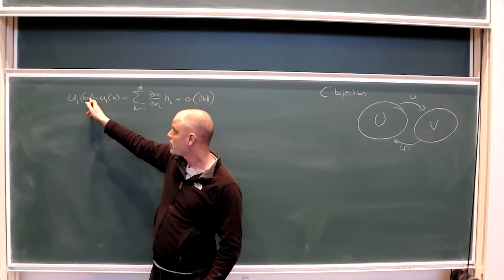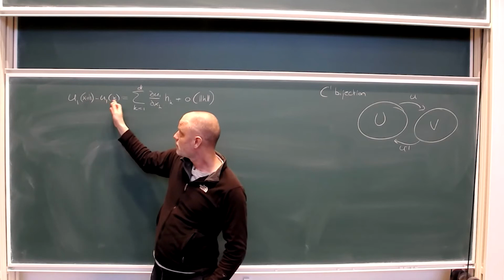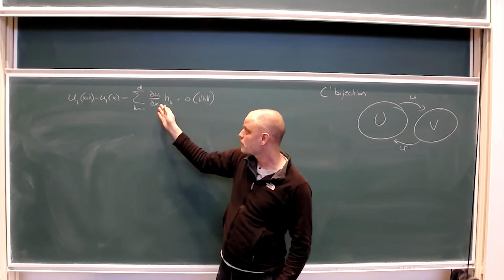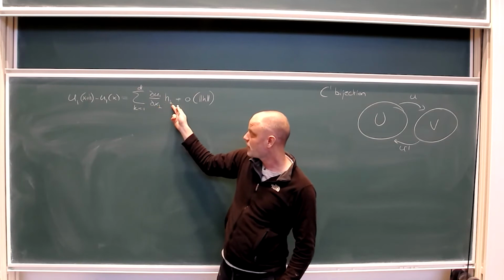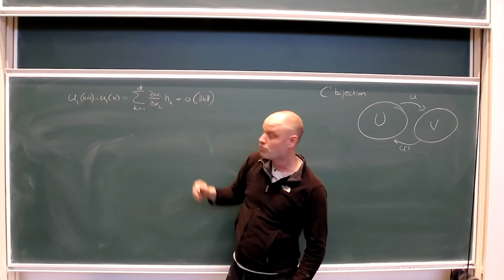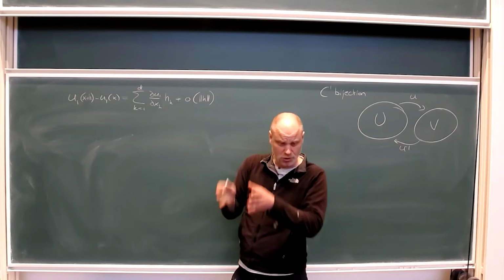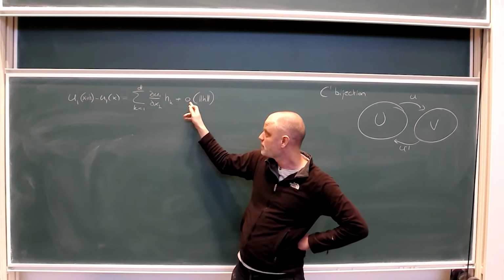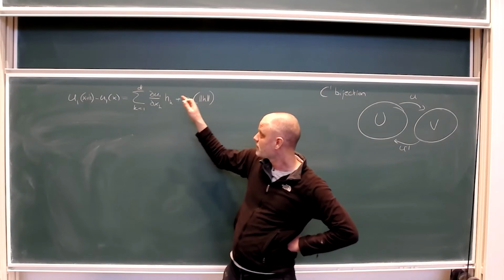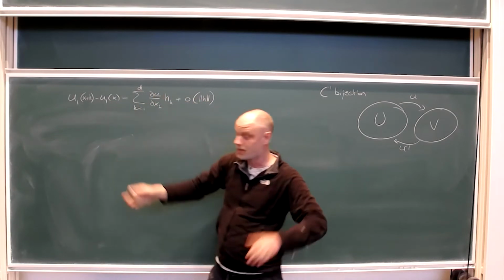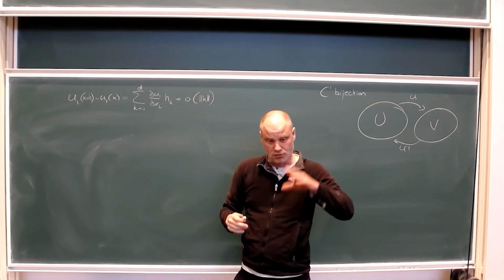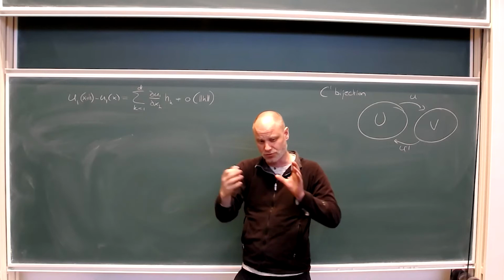X plus h, you have the perturbation minus the value at the point. The value of this is the sum of the partial derivatives times h_k plus o of the norm of h. So the norm of h, when this means that if I take this minus that in size divided by the norm of h goes to 0 as h goes to 0 in several variables.